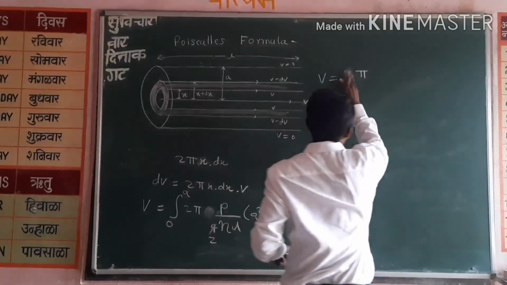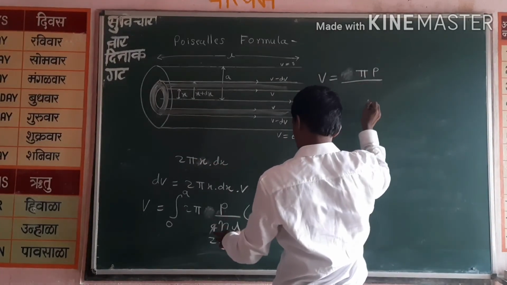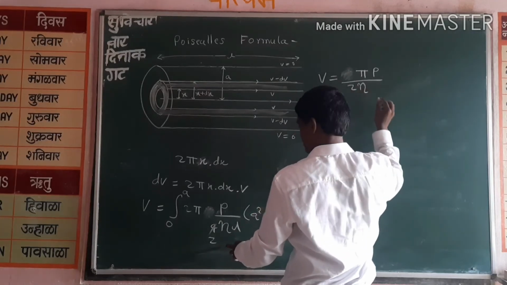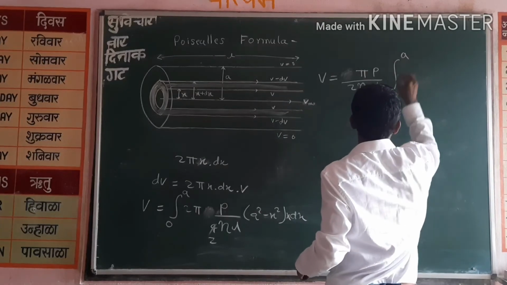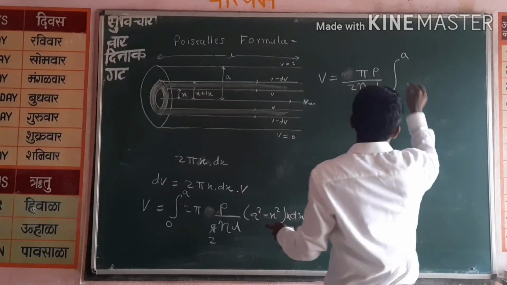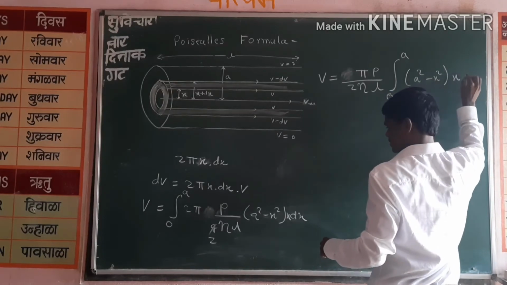So I will write it directly: πp / 2ηL, and integrating over 0 to a, (a² - x²) x dx.